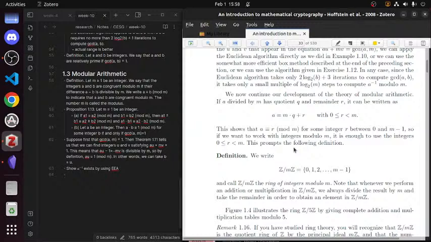I've already read through it, but now I feel like I have to actually try and remember. A is congruent to M. Oh wait, sorry. A is not congruent. A is equal to M multiplied by the quotient plus the remainder. And we already know 0 is less than or equal to R, which is less than M.